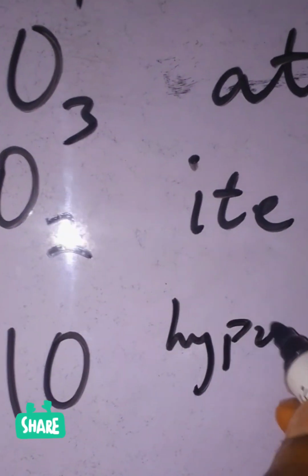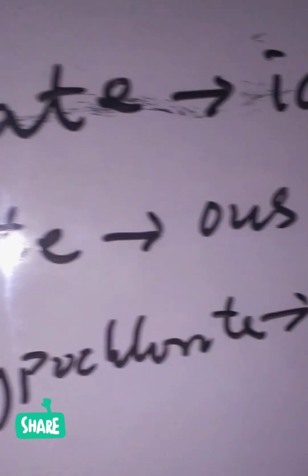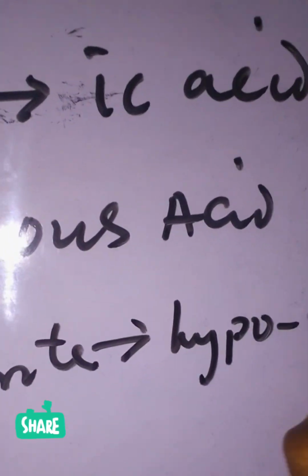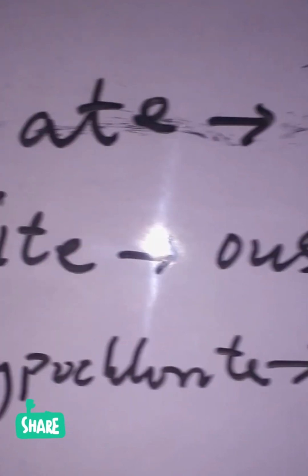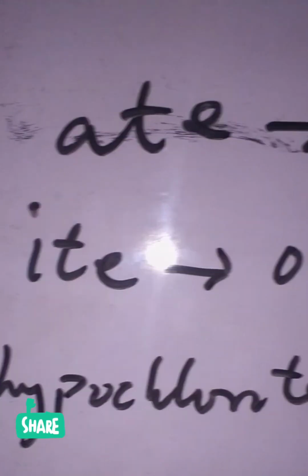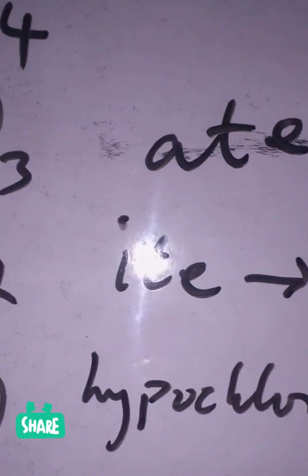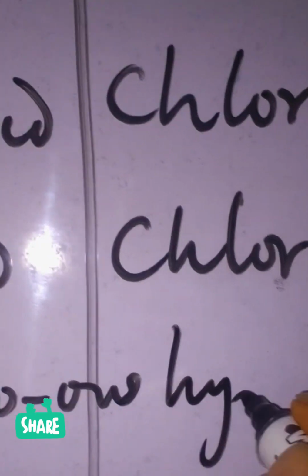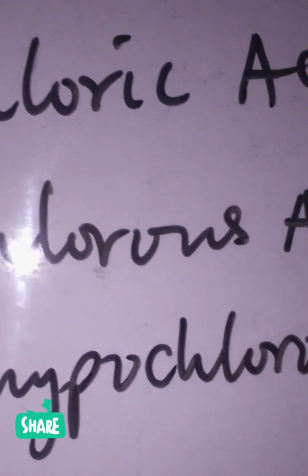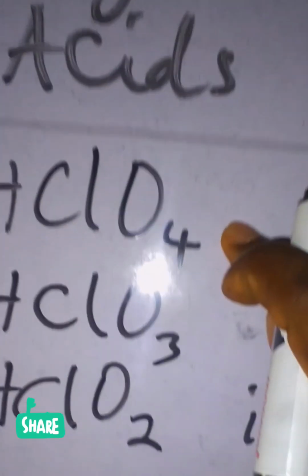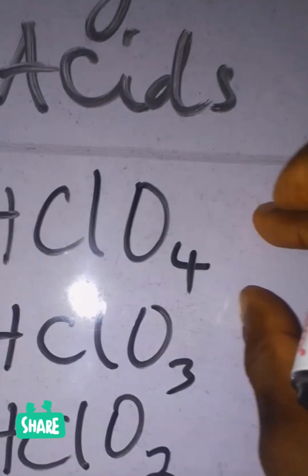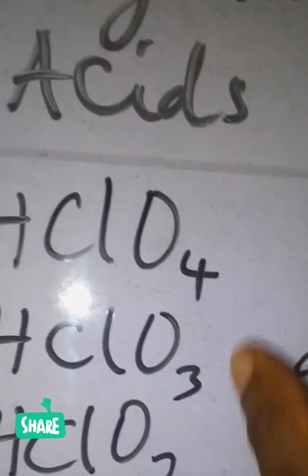The hypochlorite is going to change to hypo-ous acid. So, therefore, this hypochlorite is going to give us hypochlorous acid. Now, coming up, there is an increase by 1 here, and that gave us perchlorate, the oxyanion, which with hydrogen is now an acid.